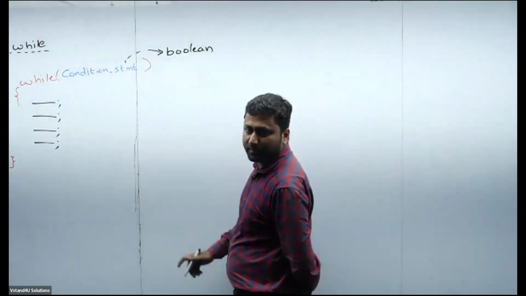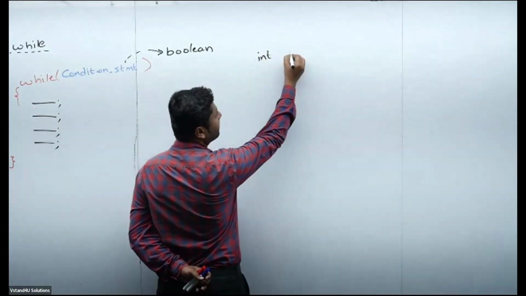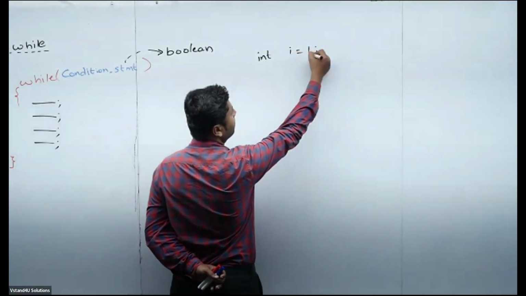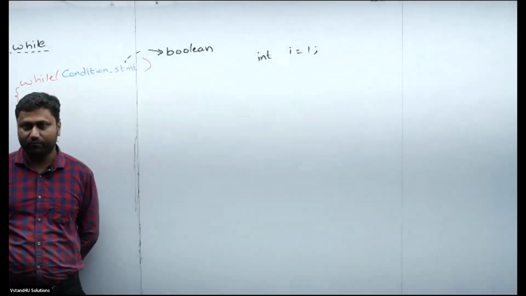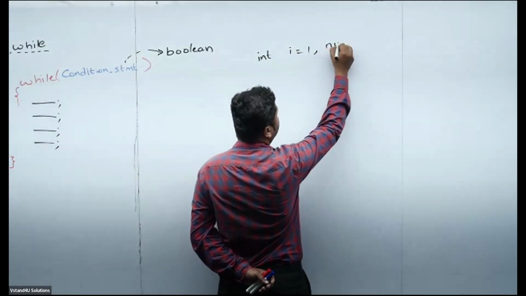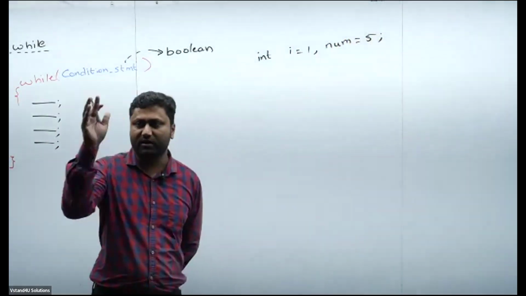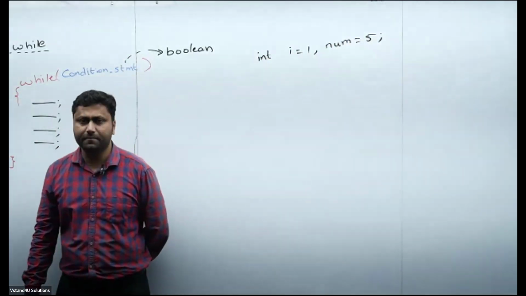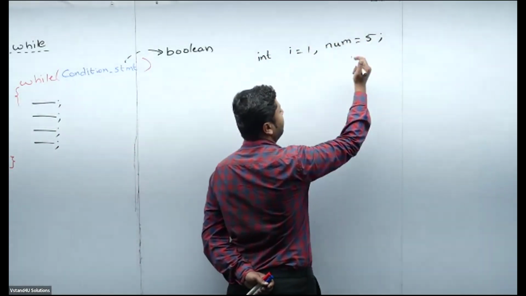First, take one integer variable, i equal to 1. And there is a number given till where we have to find the sum, right? Say that number will be taken from an input, that is 5. Consider the user has given input as 5. I'm starting with 1 and going till 5.